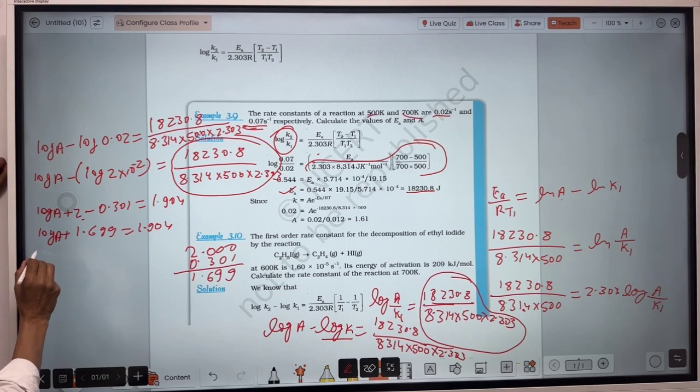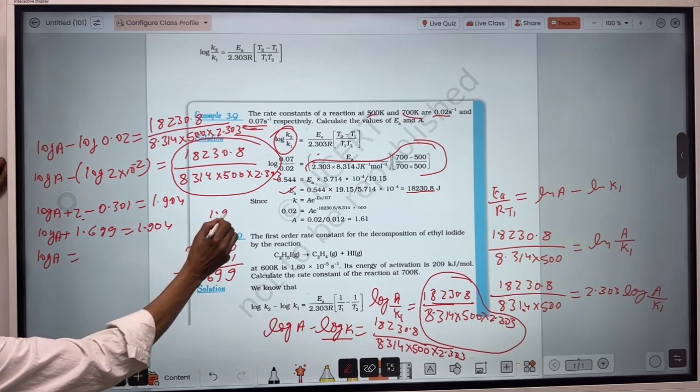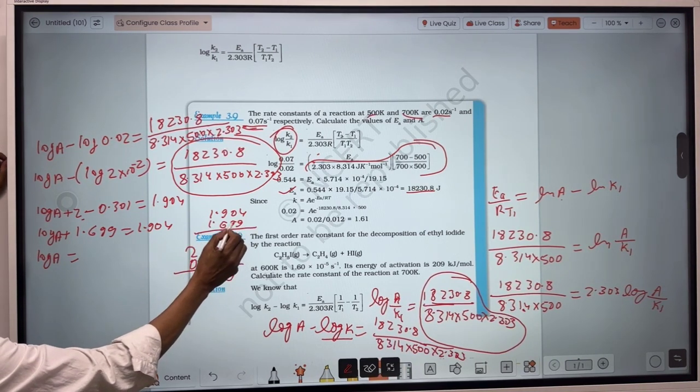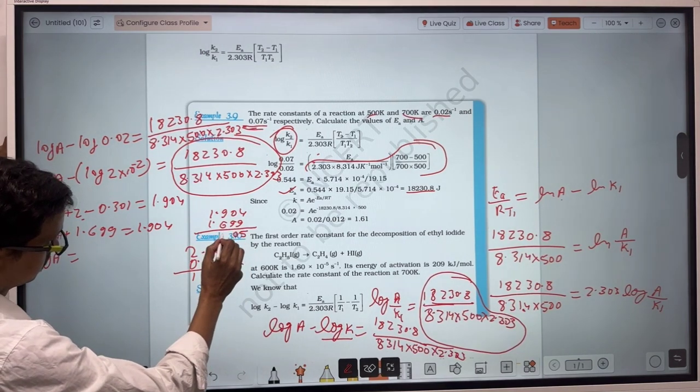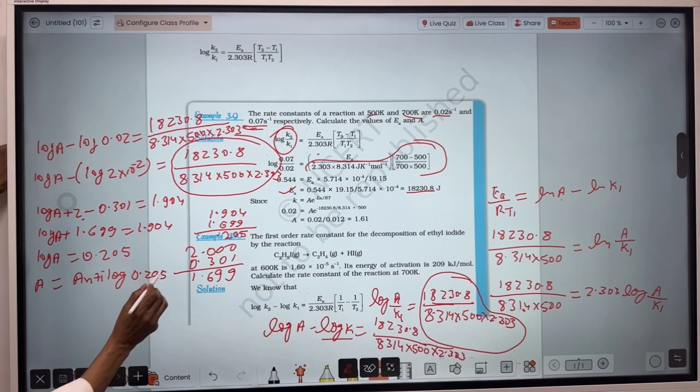So log A equal to 1.904 minus 1.699, that is 0.205. So A will be equal to antilog 0.205, and the remaining you calculate by yourself.